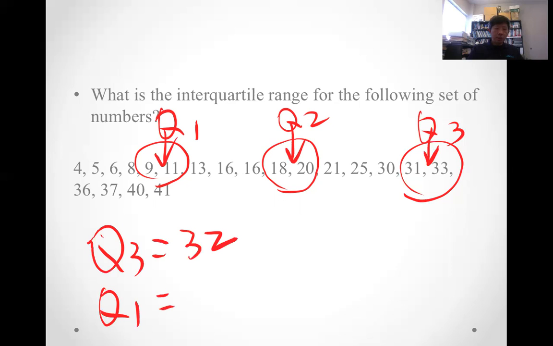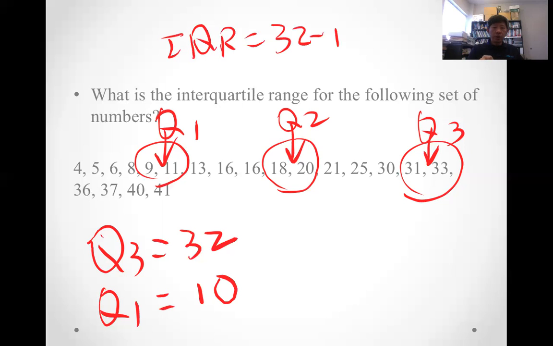Q1 is 10, right? So therefore, the interquartile range, IQR, is equal to 32 minus 10, which is equal to 22. So that will be the IQR for this problem.